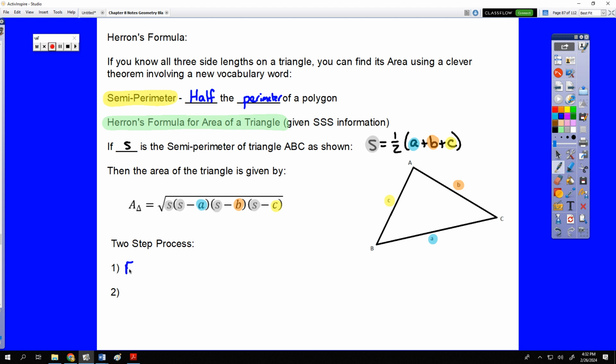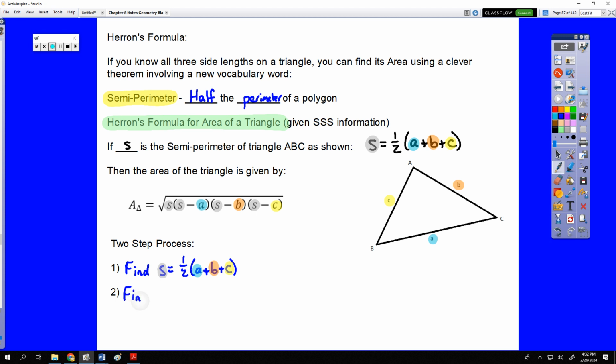Step one is to find the semi-perimeter, which is the sum of all three sides, A, B, and C, added together and divided by 2, or 1/2 times the sum of A, B, and C. And then we're going to plug that S into the area of the triangle.